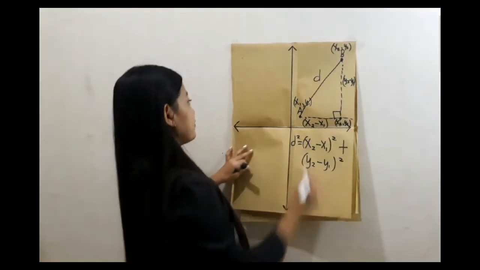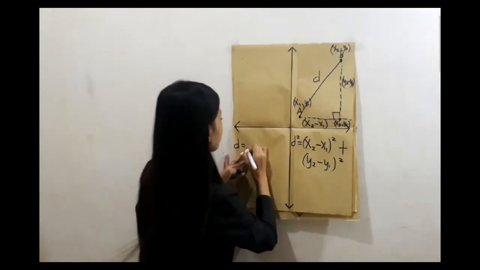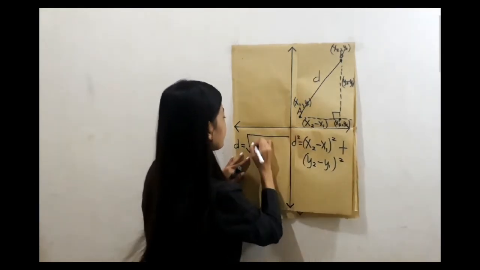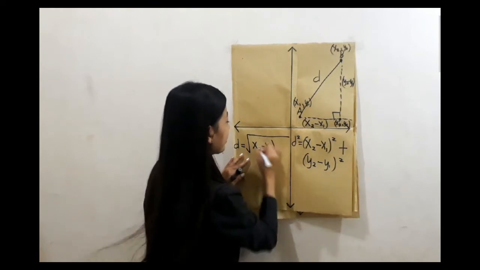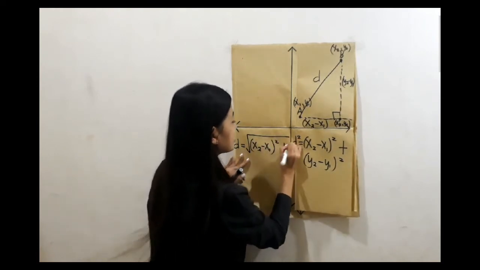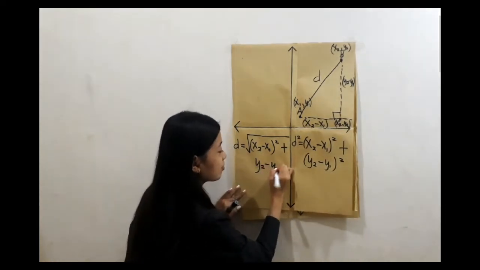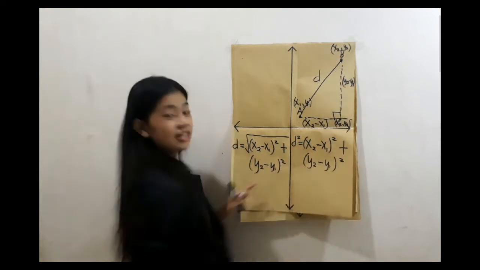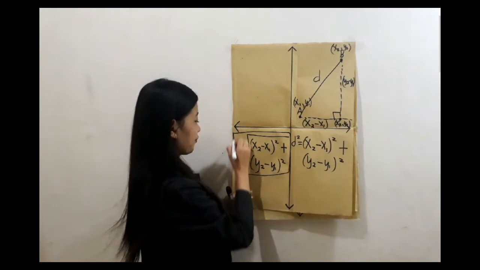So by that, we have now the distance formula, which is d equals the square root of the quantity x sub 2 minus x sub 1 squared plus the quantity y sub 2 minus y sub 1 squared. So now, this is our distance formula.